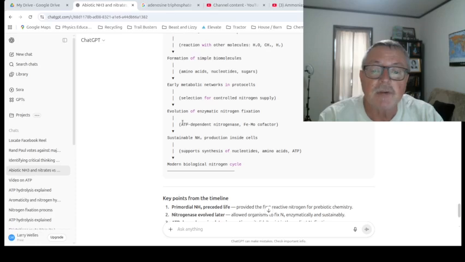That shows up. ATP-dependent nitrogenase and the iron-molybdenum formations. This is all super complicated organic chemistry. Sustainable ammonia production inside cells, and then support synthesis, amino acids, ATP, and then you have the modern biological nitrogen.